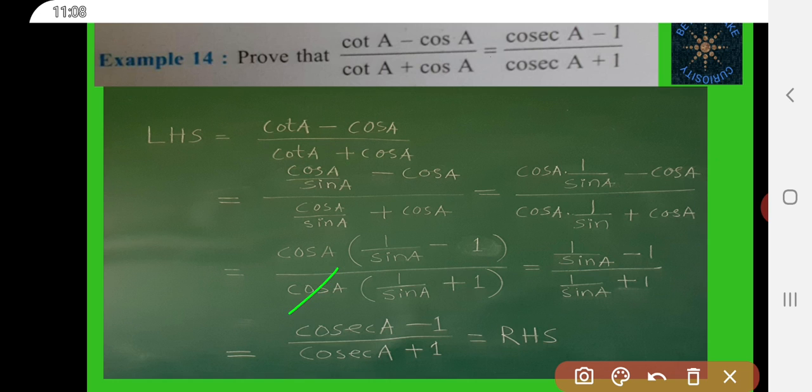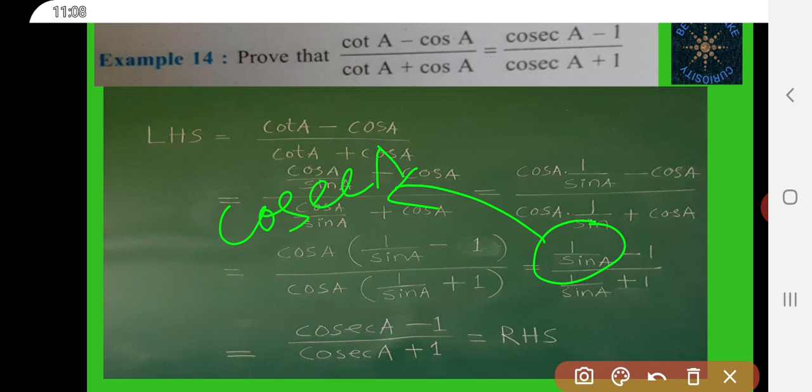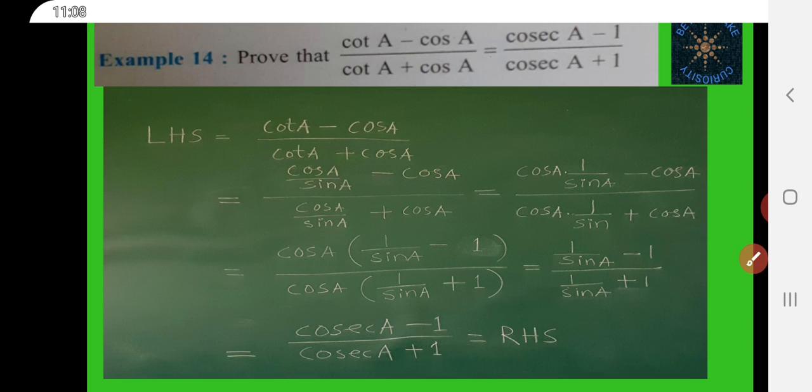Now you can cancel cos A, then you get 1 by sin A minus 1 over 1 by sin A plus 1, and 1 by sin A, you know, is cosec A. So you write cosec A minus 1 by cosec A plus 1, that is equal to RHS. Okay.